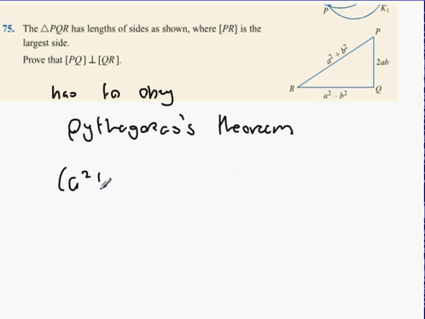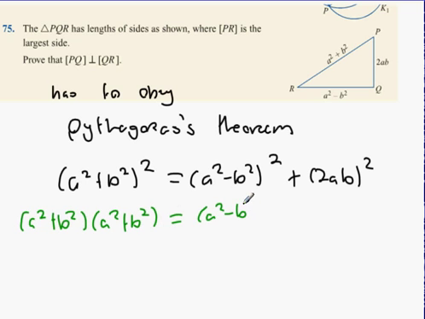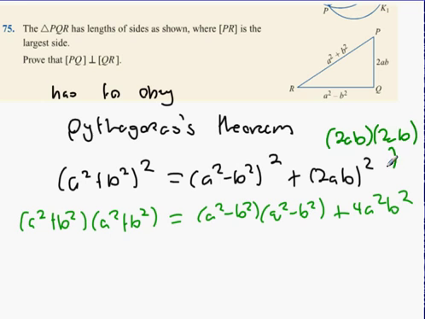So (a squared plus b squared) all squared must equal (a squared minus b squared) all squared plus (2ab) squared. Multiply that out. It's the same thing as a squared plus b squared multiplied by a squared plus b squared equals a squared minus b squared multiplied by a squared minus b squared plus 4a squared b squared, same thing as 2ab with 2ab.